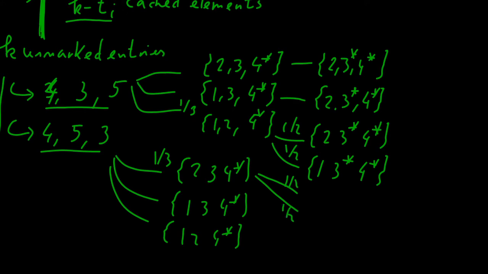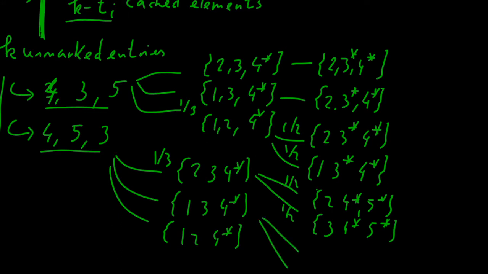It's definitely paying for the 5, so it will get 2, 4 star, 5 star, and then it's 3, 4 star and 5 star.